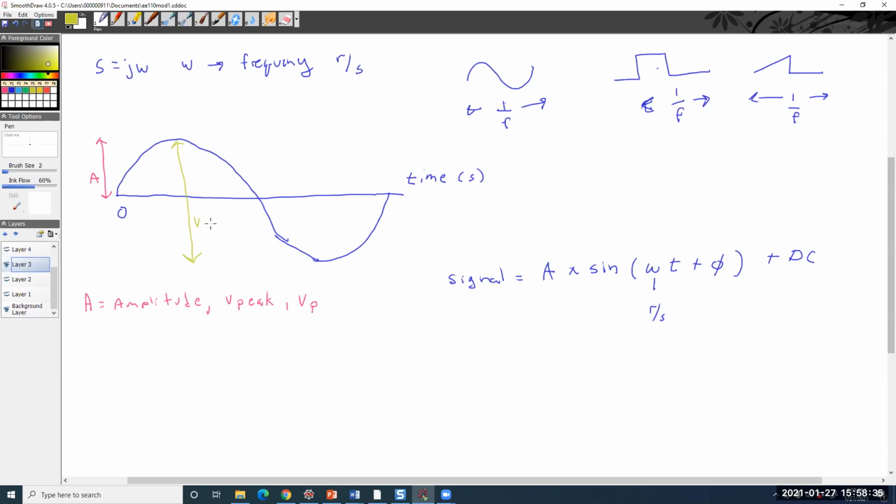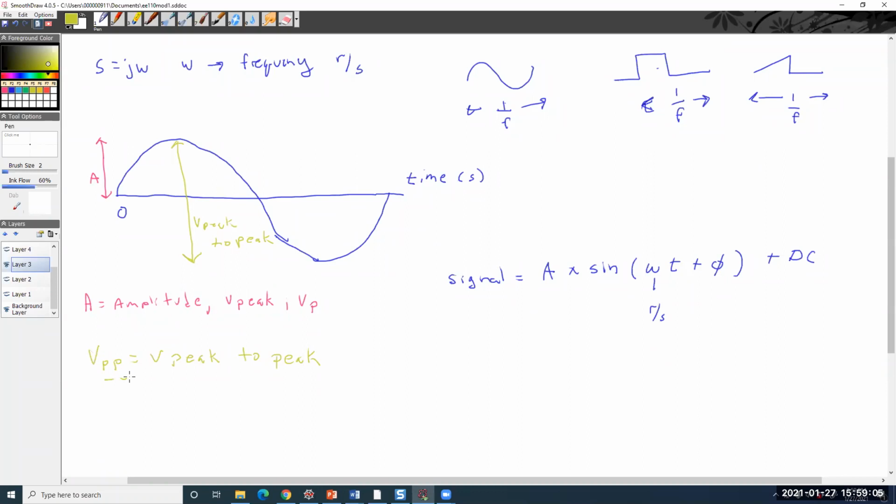This here is V peak to peak, shortened to V double P.